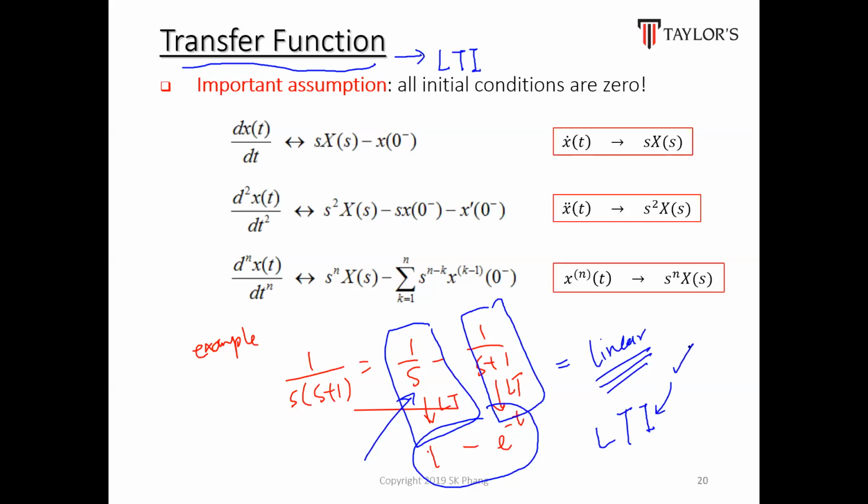But most real life applications are LTI systems. Actually, most real life systems are not LTI systems, but we always approximate them as LTI systems. This is not a set truth, but it is what engineers like to do.